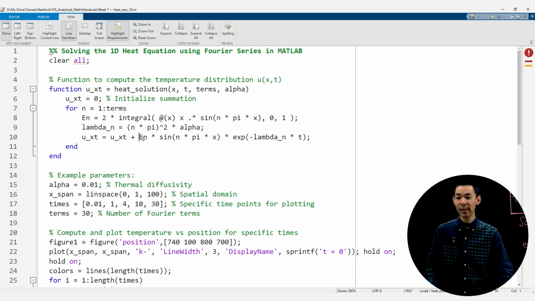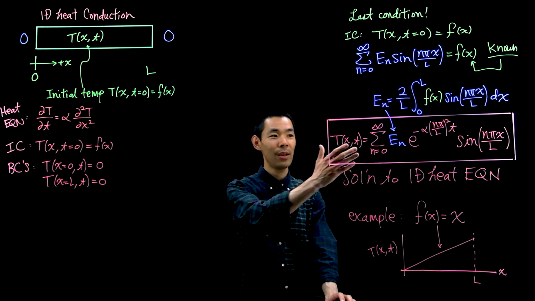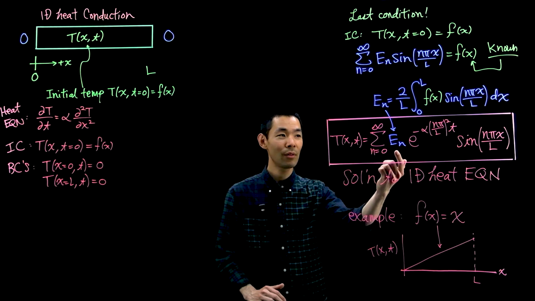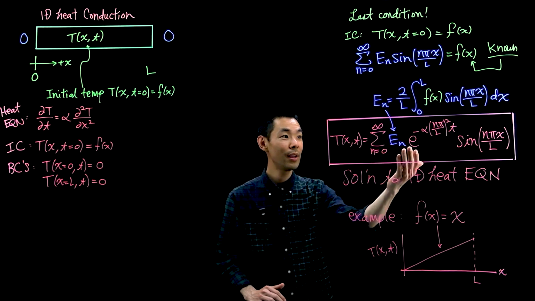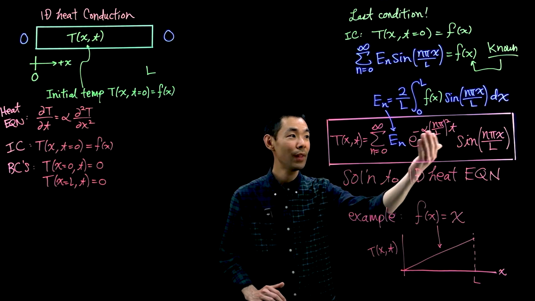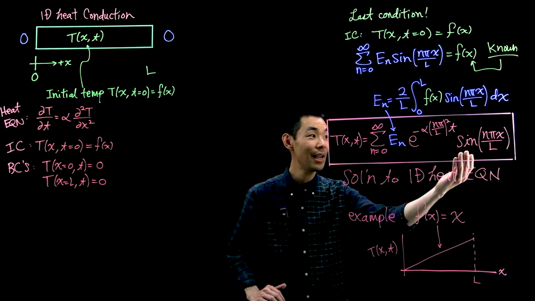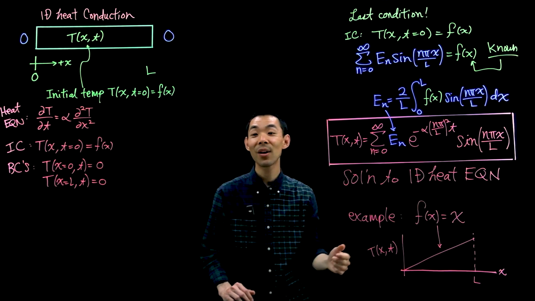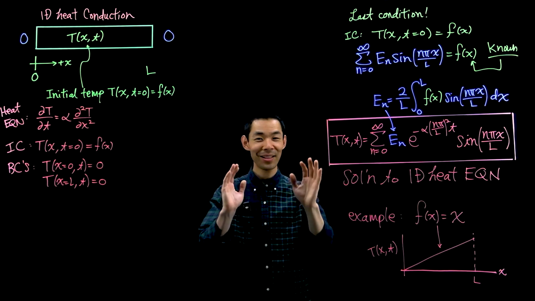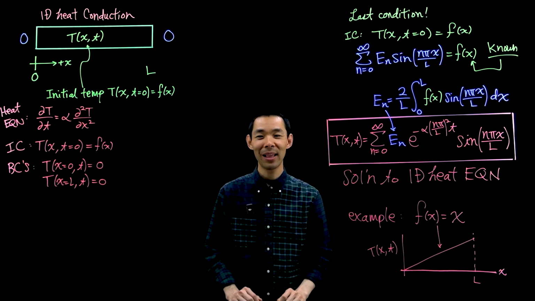And this last line right here is E sub n times sine n pi x over L times exponential of negative lambda times t. So this is literally what we have up here. E sub n, which we just defined earlier, exponential, negative lambda times t, times sine n pi x over L. That's exactly just translated in MATLAB code.